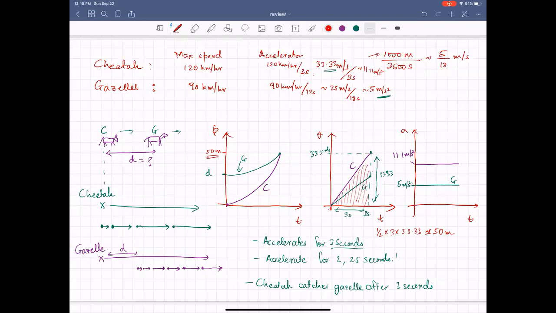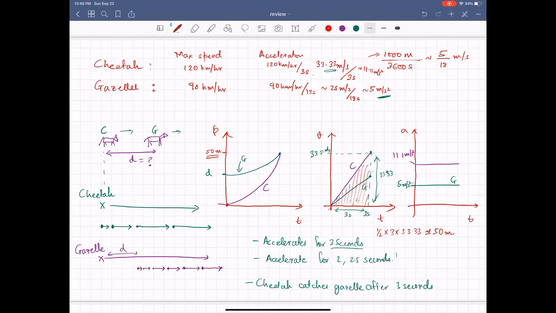Okay, so I can then state, the question is asking me to calculate the final position of the cheetah. So I've calculated that. But now the question is also asking me what the final velocities of each animal are.